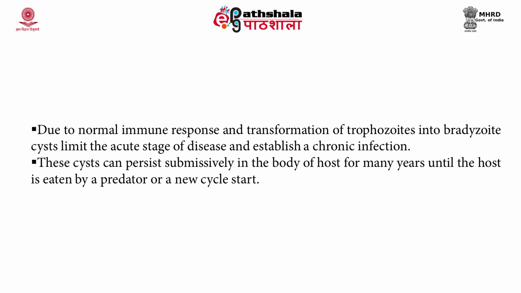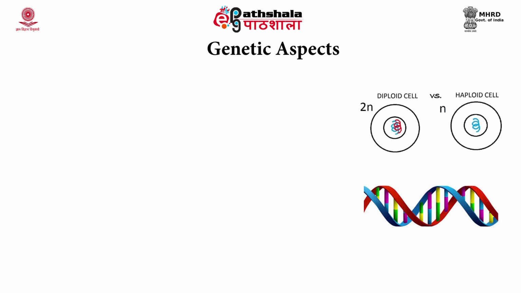These cysts can persist subclinically in the body of the host for many years until the host is eaten by a predator or a new cycle starts. Now we will discuss genetic aspects.